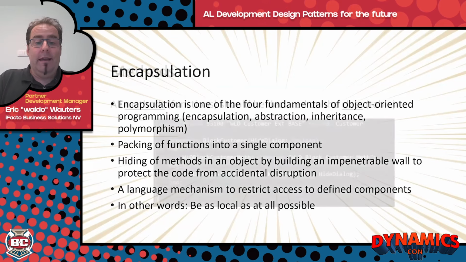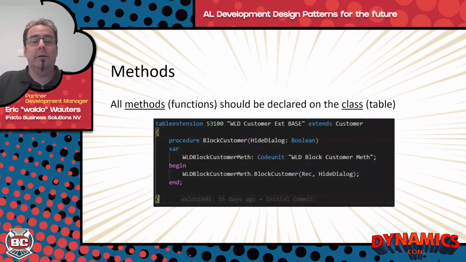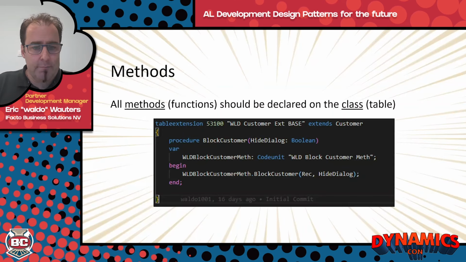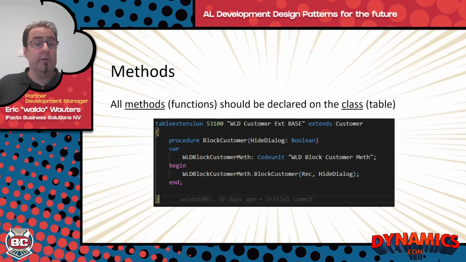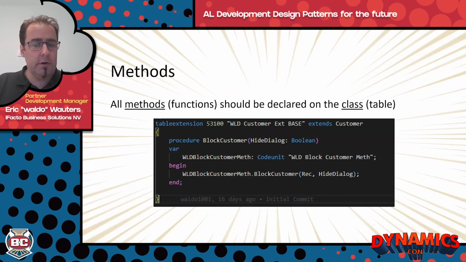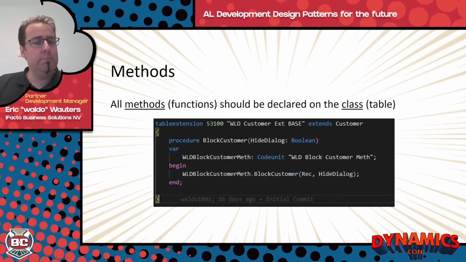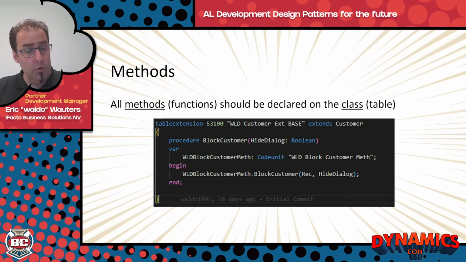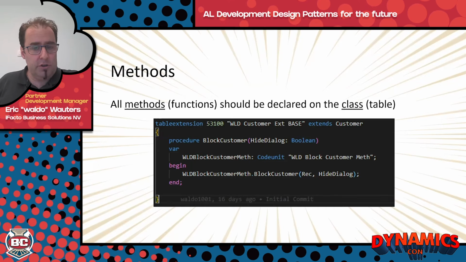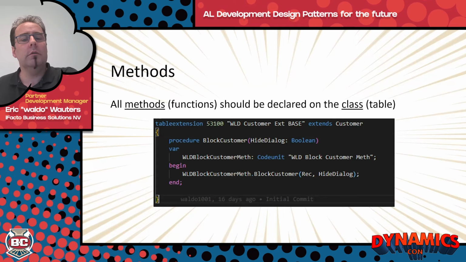And you can already see this sales header.post. Well, let's take another example, customer.block. You can already see, yes, we put a function on the table, but no, we do not put the business logic in that same table, right?